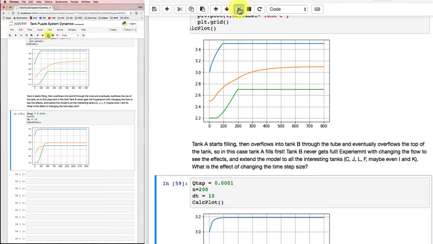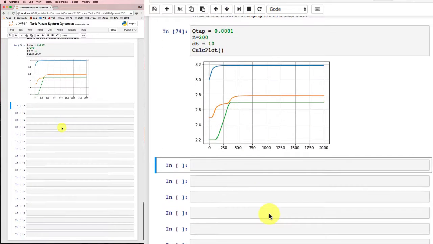And sure enough, if I run this cell and do the calculation again, all I've done is I've changed the tap value down from 0.3 to 0.1. Now the flow is pretty low. Tank A starts filling up, tank B starts filling up, tank C starts filling up, and tank C is the only one that actually gets to be full. Tank A and tank B, they only get to be a little bit above the tube outlet.